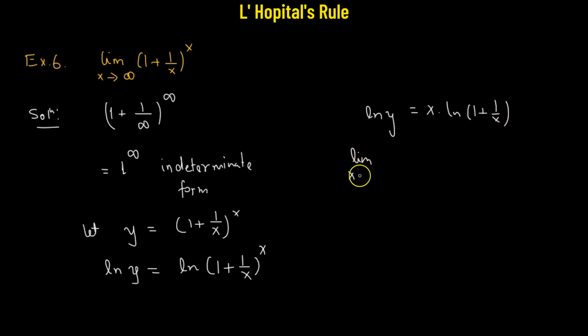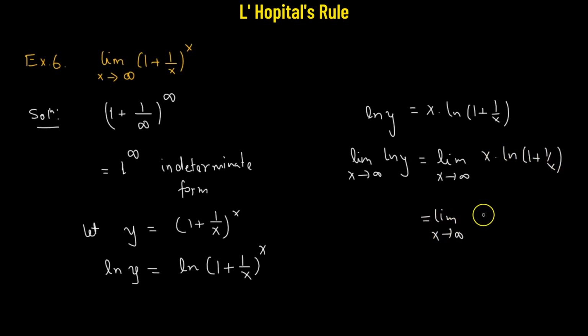Now we'll take the limit on both sides with x approaching infinity. Natural log of y is the same as taking the limit as x goes to infinity of x times natural log of (1 + 1/x). This can also be rewritten as the limit as x approaches infinity of natural log of (1 + 1/x) divided by 1/x.